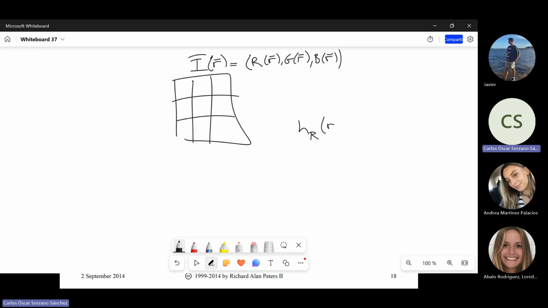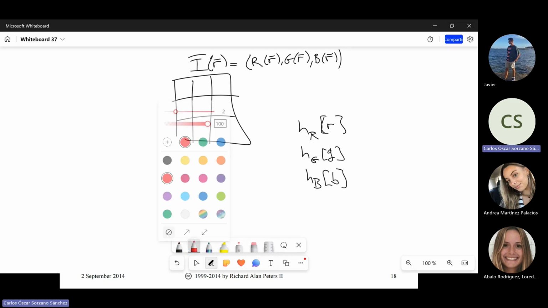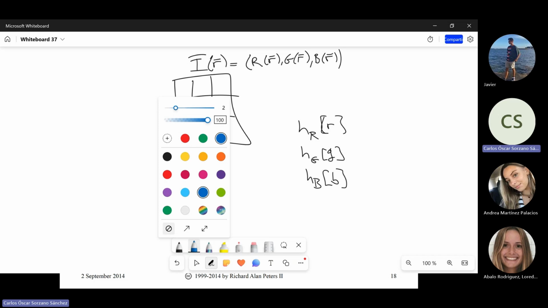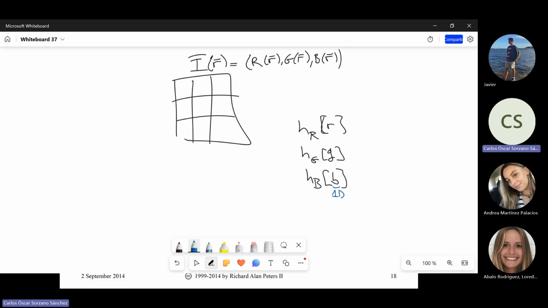This is discrete because red values can only take discrete values. And then the same for green and blue. Okay, this is one possibility, and these are 1D histograms. But I can construct something else.